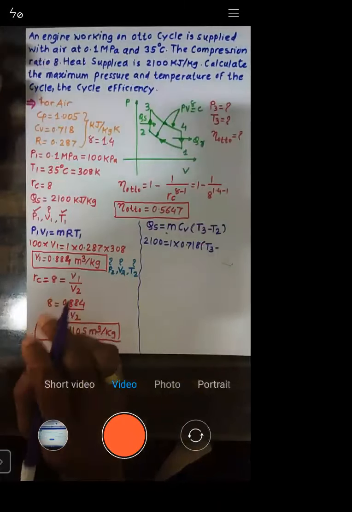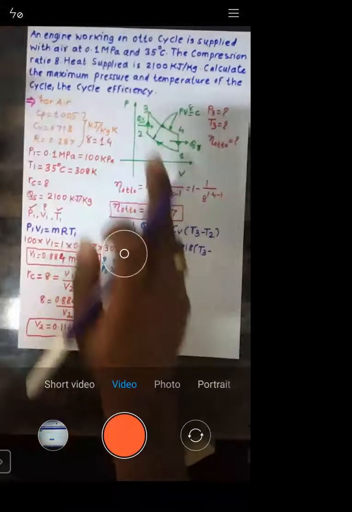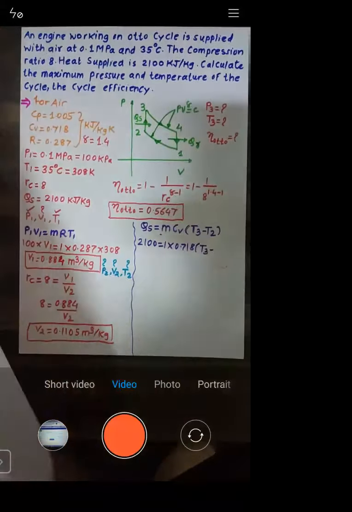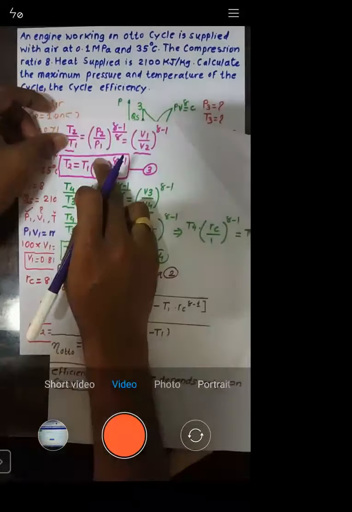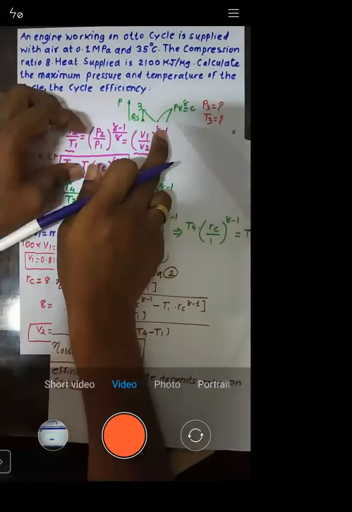How do we calculate T2? See, 1 to 2 is an isentropic compression. So with the expression we have written, T2 by T1 is equal to P2 by P1 raised to power gamma minus 1 by gamma, which is equal to V1 by V2 raised to power gamma minus 1.